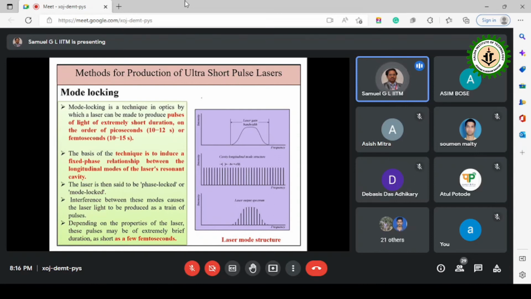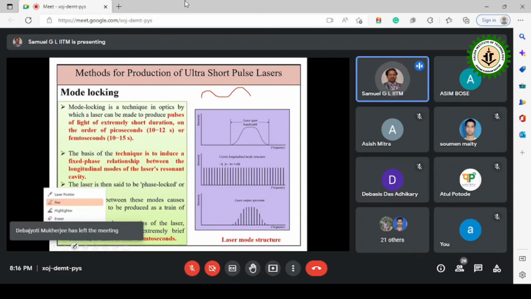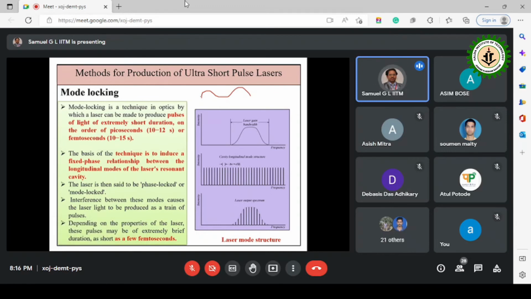When you have waves which are moving, when they are in phase, they will produce bright fringes, and when they are out of phase, they produce dark fringes. I think this concept you know.